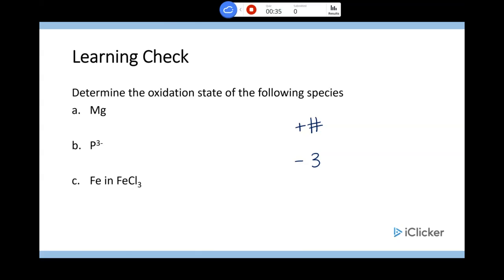So let's spend a few minutes working on that. And then let me know if you have questions. You want to determine what type of element or compound, what type of species you have, and then apply the rule that applies to that.